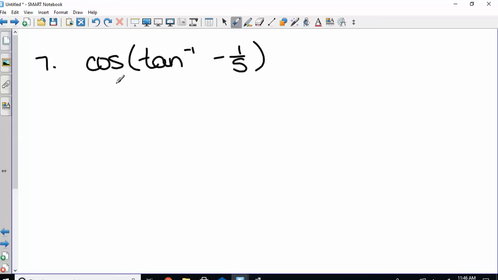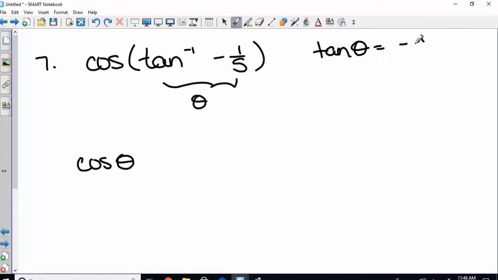Okay, so this one, is there any shortcut? No, because we don't know when tangent is negative 1/5. So that is an angle, we have to find cosine of that angle. So this means tangent theta is negative 1/5. Tangent inverse could have been in quadrant 1 or 4. It was negative, so it's quadrant 4. Tangent is opposite over adjacent, so because this side went down, that gets your negative.